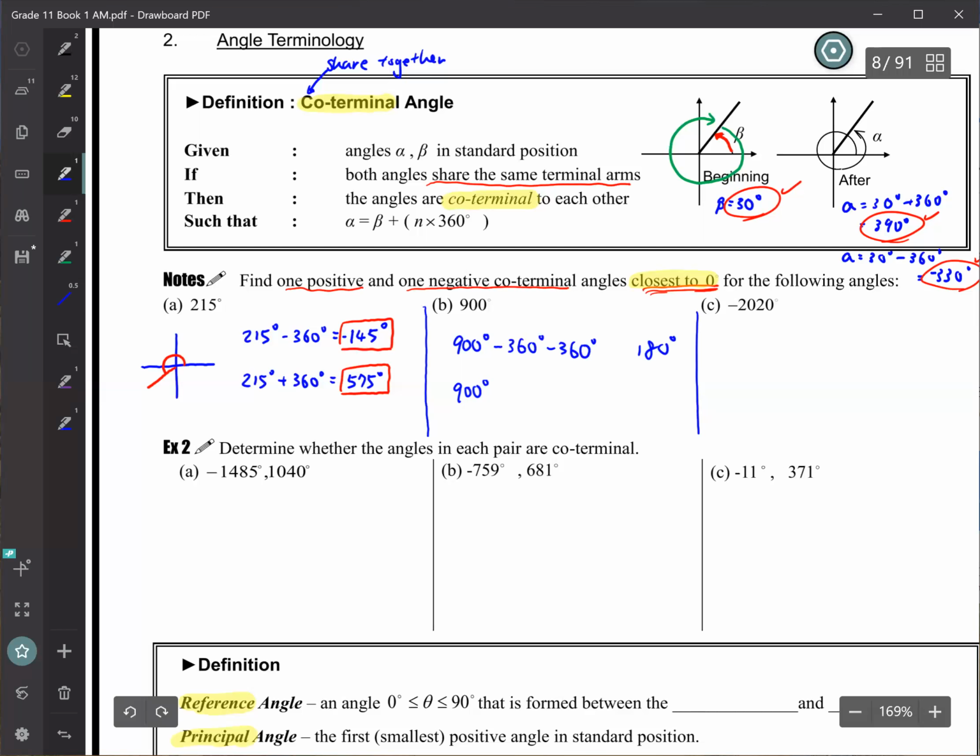So subtract 720, that will give you 180. And from 900, if I want to get to negative, I need to subtract even more. So I will need to subtract 3 turns, 3 times 360. This one will give you negative 180 degrees.